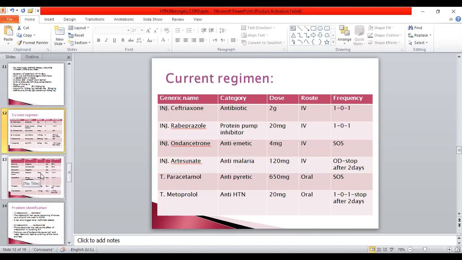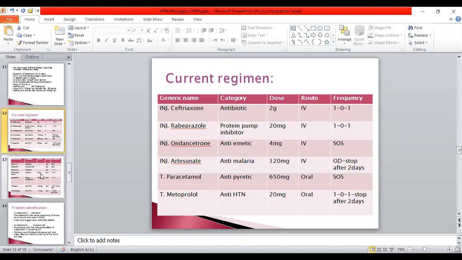Tell me some evidence that is making you think of malaria, that made the physician prescribe artesunate in this case.